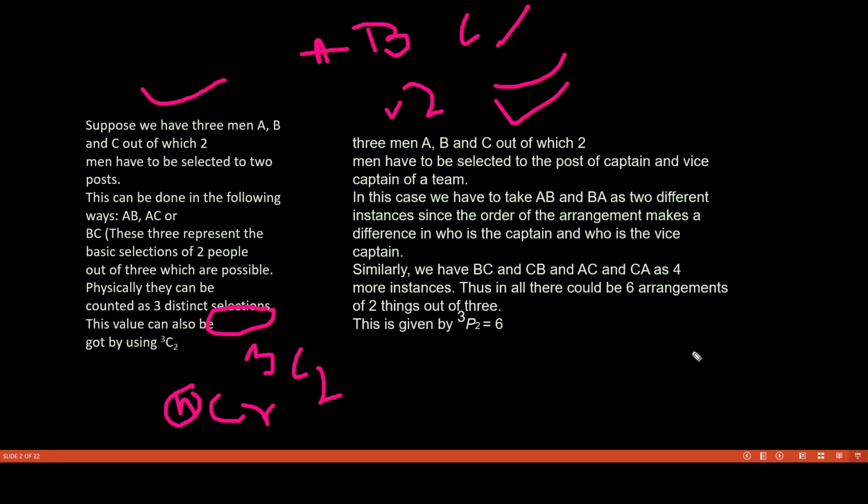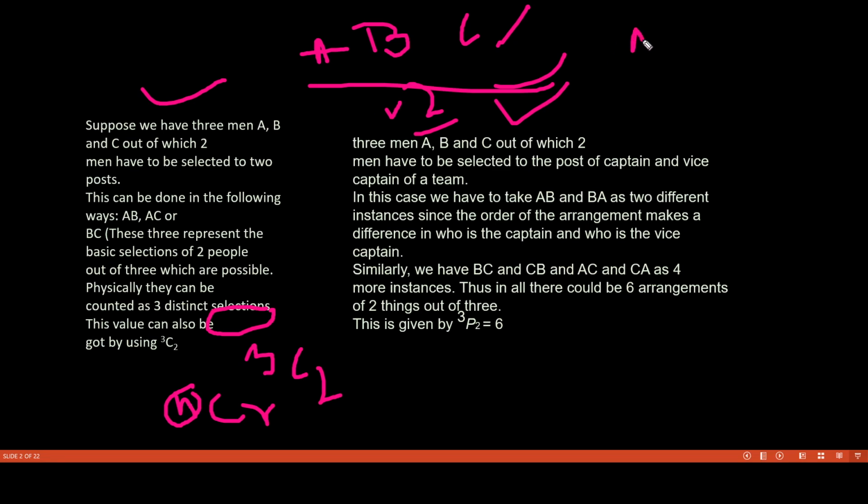Now see the same question if it is twisted a little bit. We have 3 men A, B, C and 2 men have to be selected, but one has to be selected for the post of the captain and another for the post of the vice captain. So what are we going to do in this case? Here our arrangement also matters. Why?